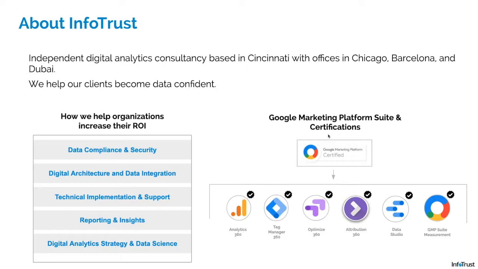You can see here on the left the ways that we aim to help companies increase their ROI: data compliance and security, digital architecture and data integration, technical implementation and support, reporting and insights, and digital analytics strategy and data science. And then on the right, you can see, obviously, we're Google Marketing Platform Suite certified.